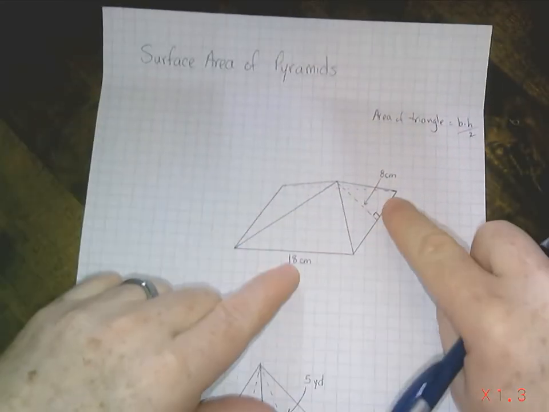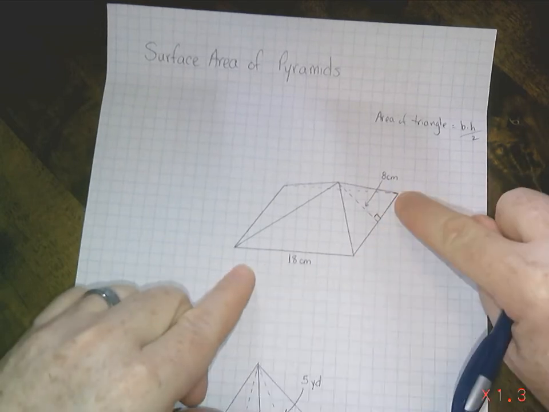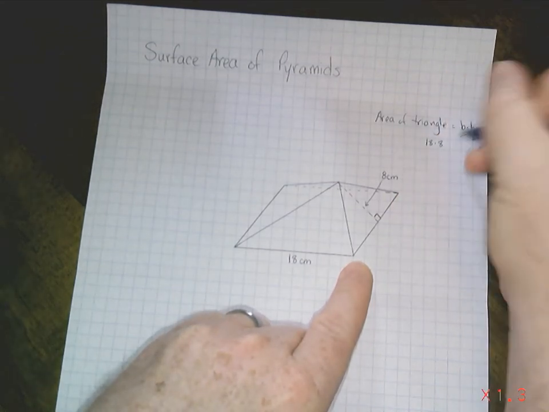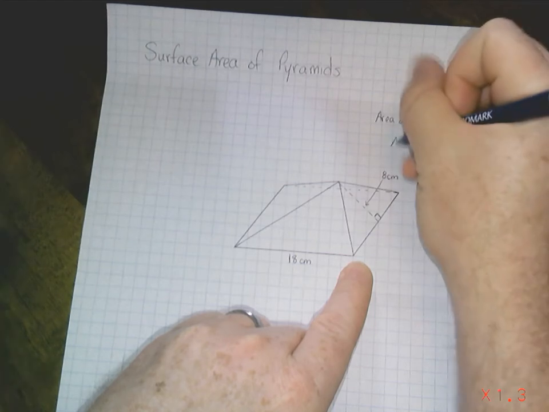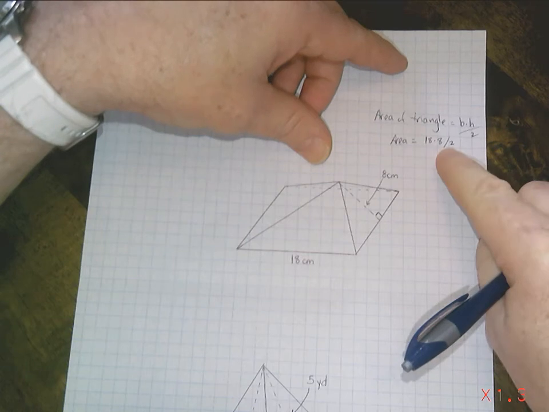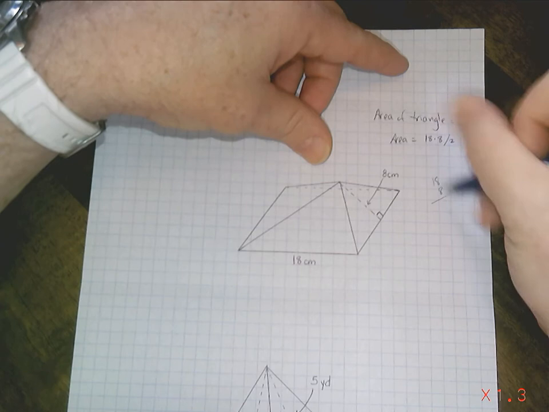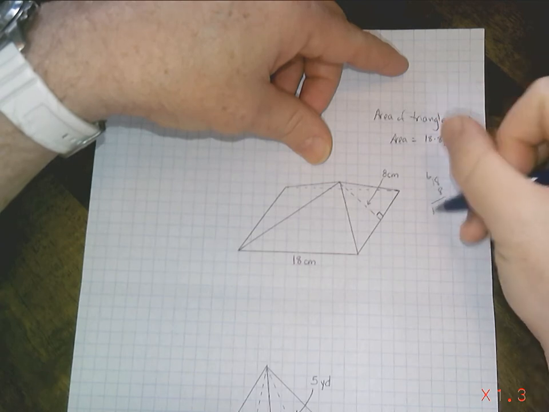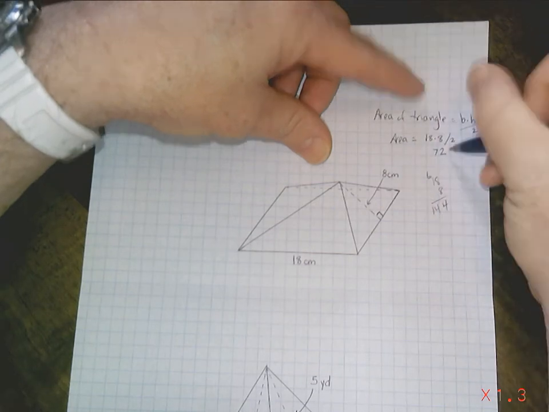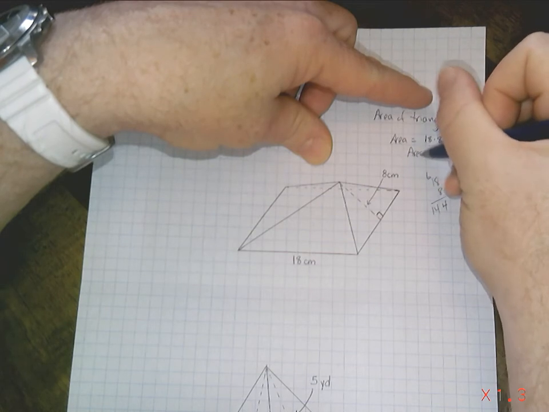The base is 18, the height is 8. If this is 18, you know this is 18 as well. So 18 times 8 divided by 2. 18 times 8 is 144. Divide that by 2, that's 72. And this is centimeters, so it's 72 centimeters squared. That's the area of the triangle.